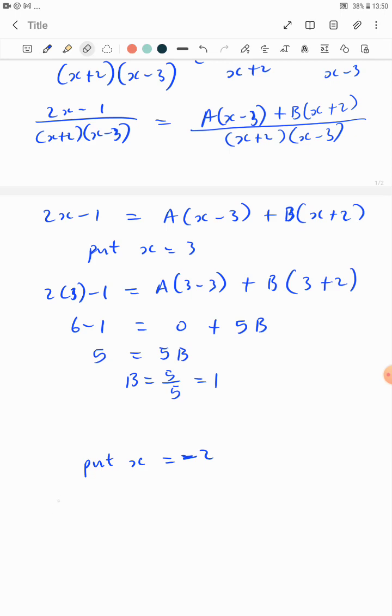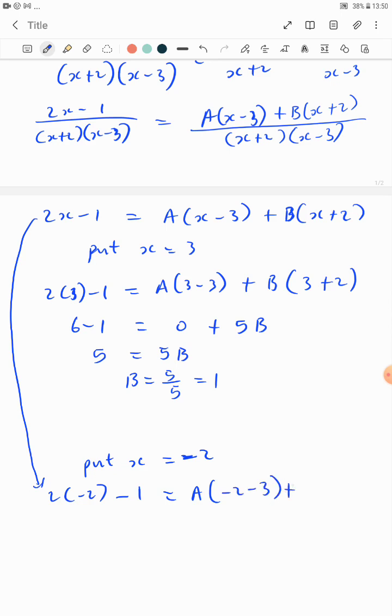So let's write that. That will be 2 bracket minus 2, from the original equation we have there, equals a bracket minus 2 minus 3 plus this part, which will become 0. So I don't need to be writing it. We know that that will actually become 0.